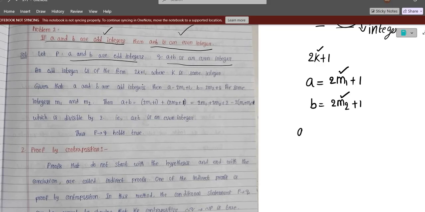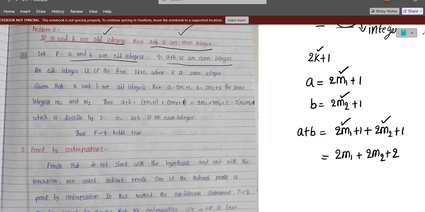Now I want to add these a and b, that is 2m1 plus 1 plus 2m2 plus 1. Again I am writing these two terms first, that is 2m1 plus 2m2, and 1 plus 1 is 2 only.